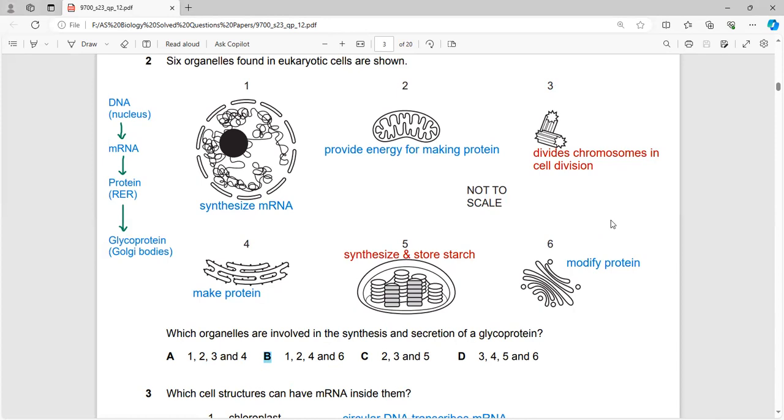And number 6, we have Golgi bodies or Golgi apparatus. These are stacks of membrane networks, and their function is to modify protein, meaning they combine carbohydrate with protein to produce glycoprotein.